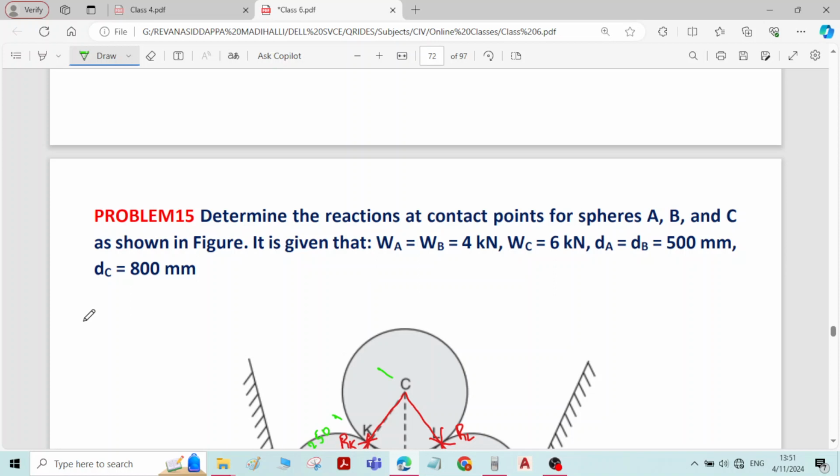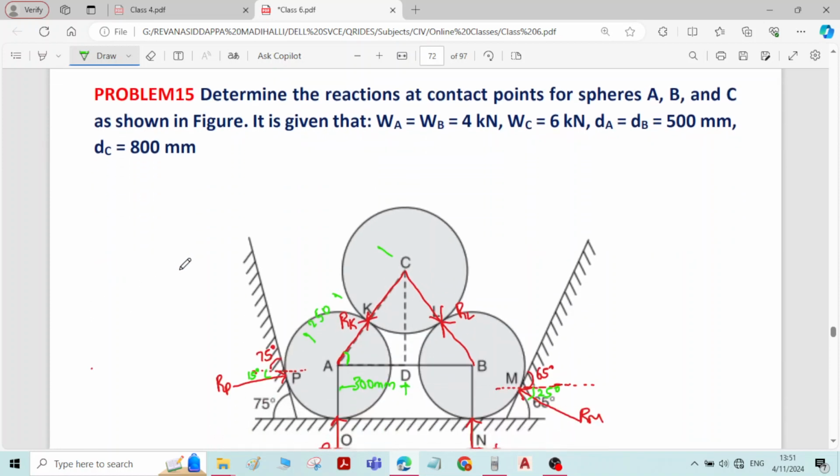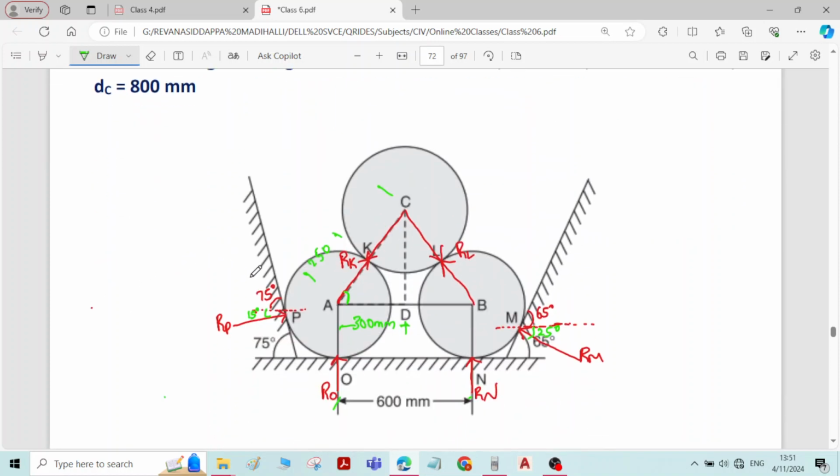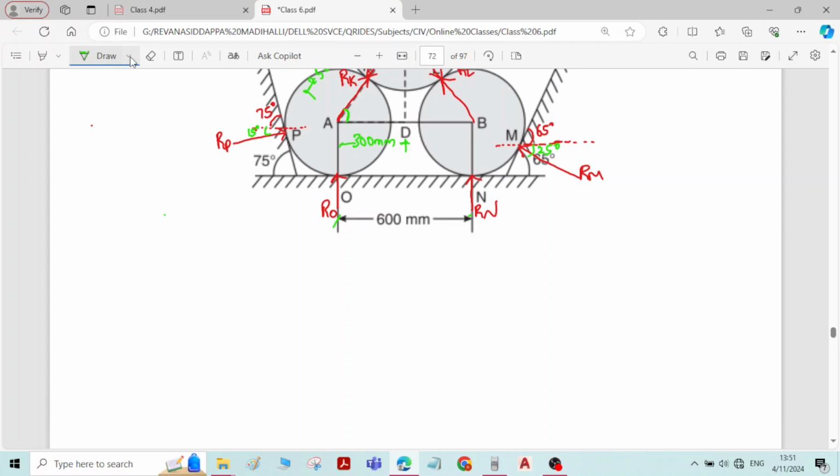And for sphere C, diameter is 800 mm, radius becomes 400 mm. Therefore, from the figure, length AC will be equal to 250 plus 400. From the figure, length AD is equal to 600 by 2, that is 300 mm.